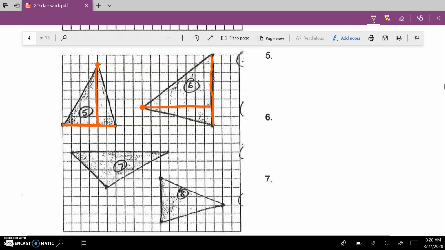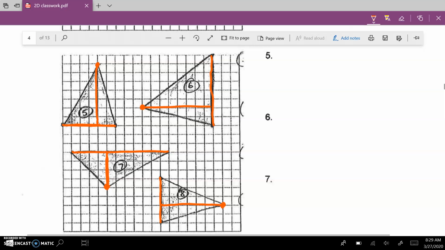Remember, if you draw a line, it has to be on the grid. We don't know how to count lines that are not on the actual grid lines. Number 7, this is our base here. Our height comes from the bottom actually, and that's our height.